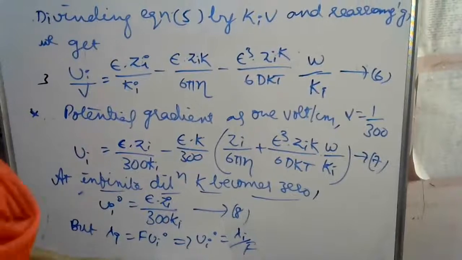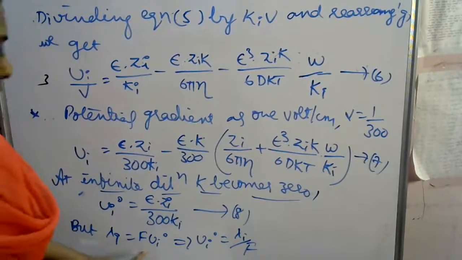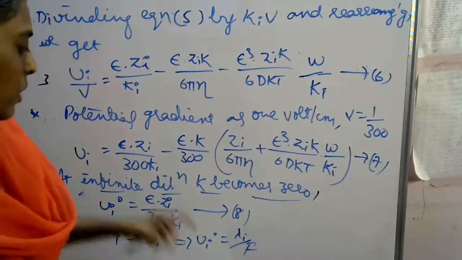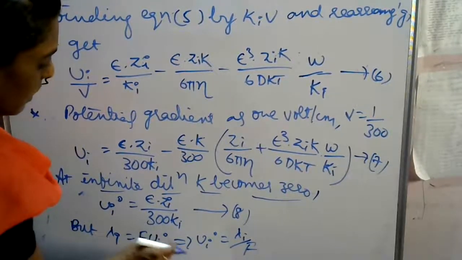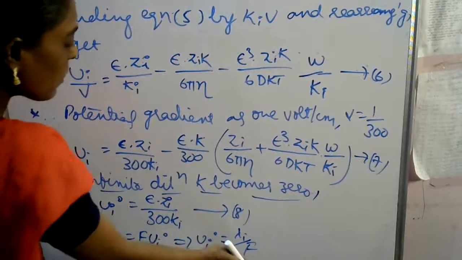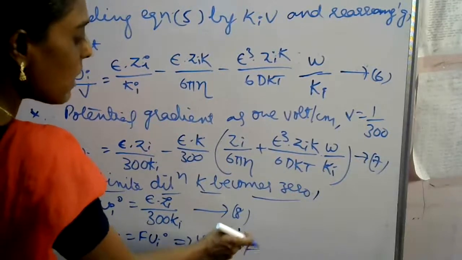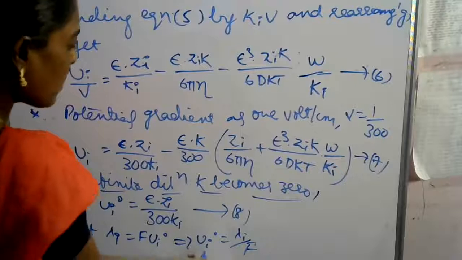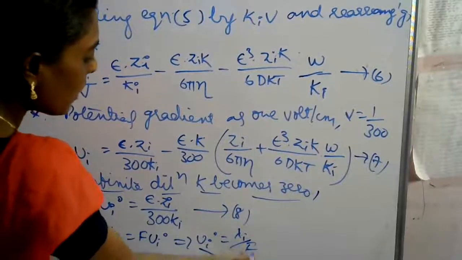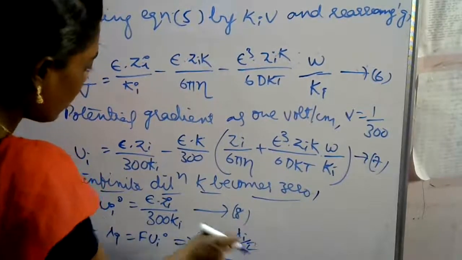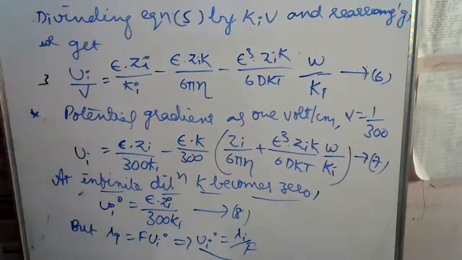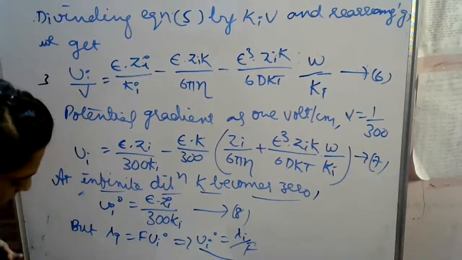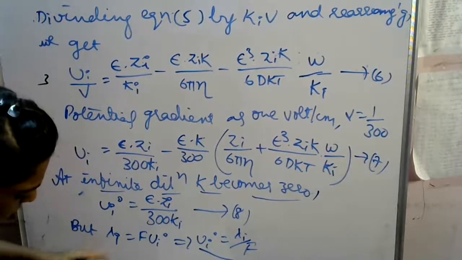We know that lambda_i is equal to F U_i naught, so we have to get the term U_i, and that's why we send this F to this side. Then we got lambda_i by F. We have to substitute this value into equation 8. This is the ninth equation.